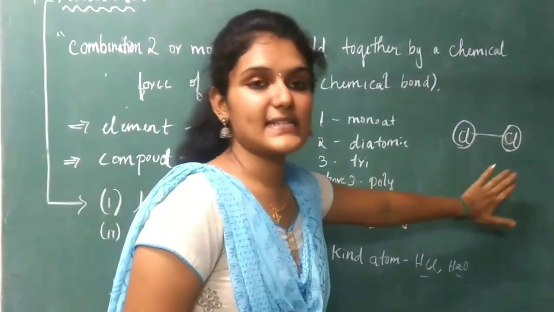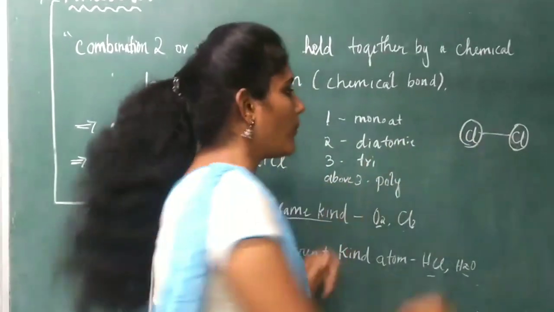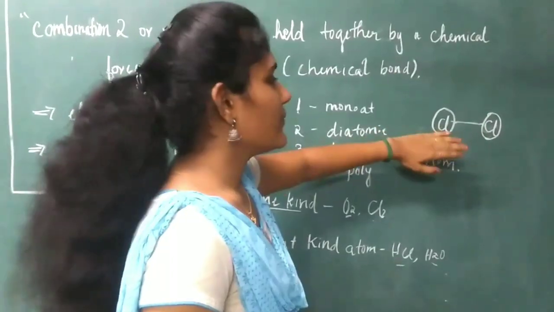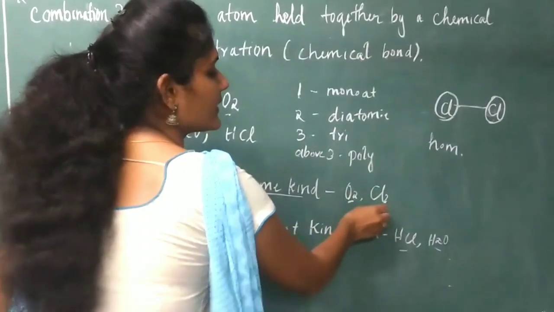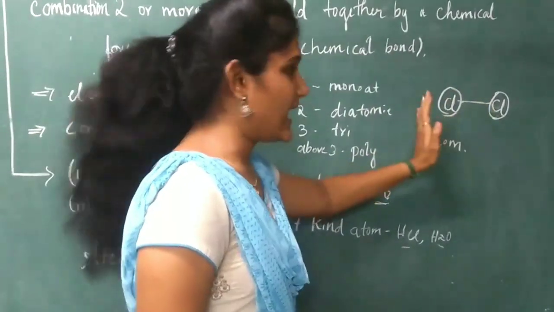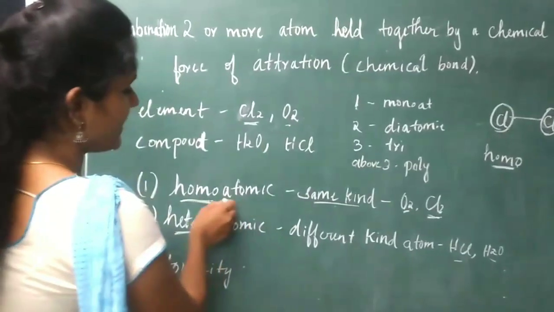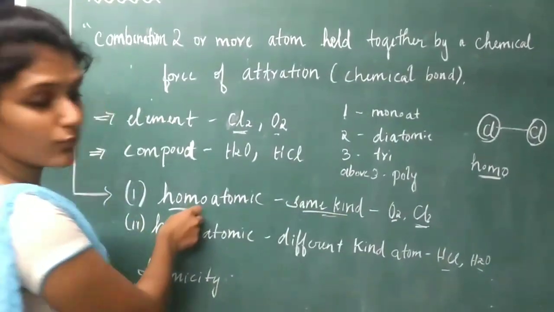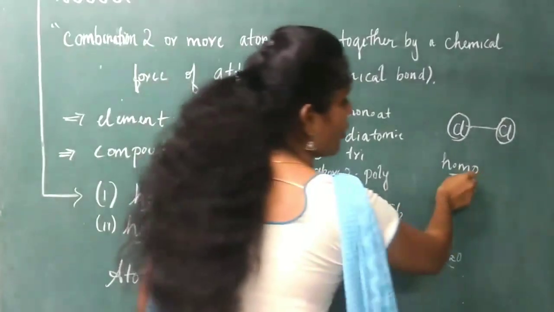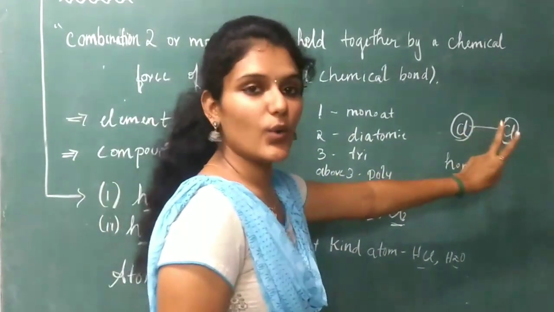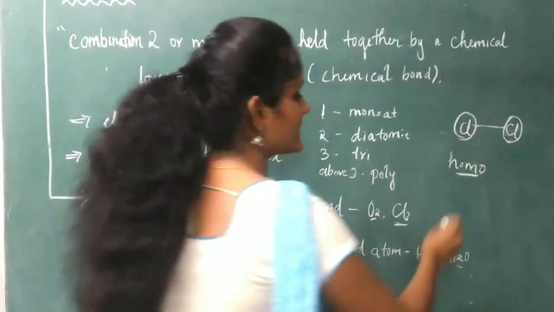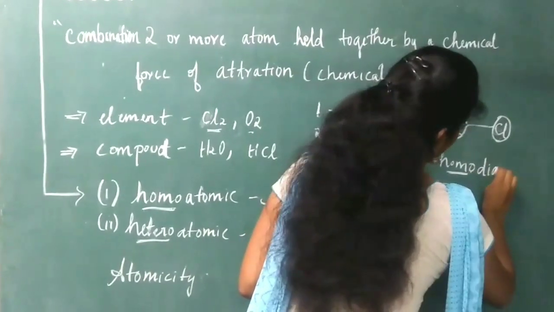Cl is the same kind, so it comes under homo. Here Cl is the same element, so we give the name homoatomic. How many atoms are there? Two chlorine. Therefore it is denoted as diatomic.